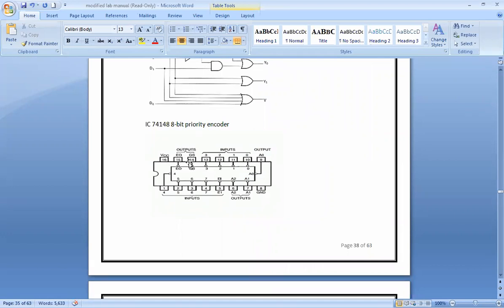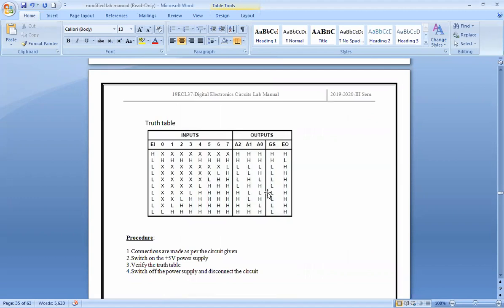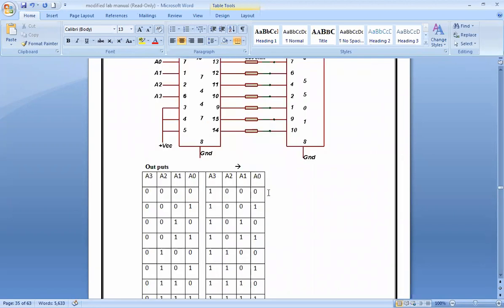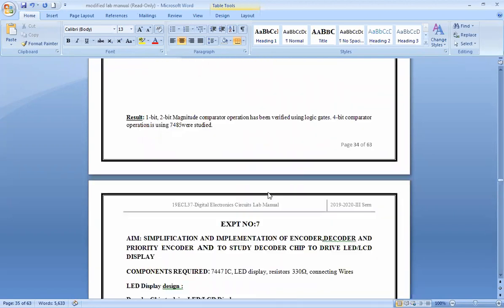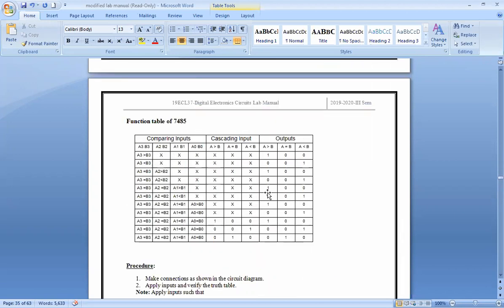GS is also a kind of output, which is actually for your group. Whenever grouping is done, remember we were doing grouping in our previous experiment. I'll show you. This kind of grouping we were doing, right?